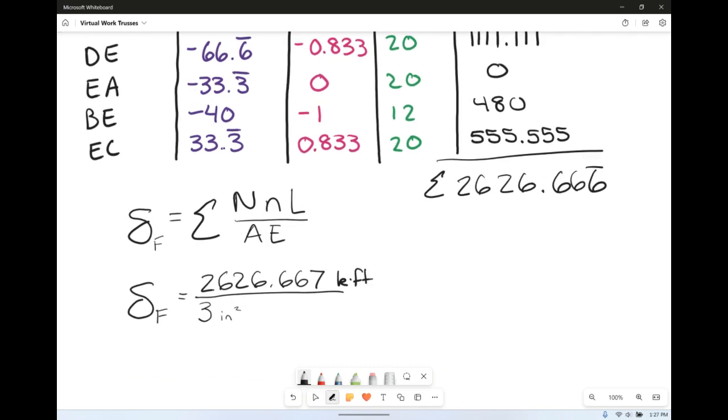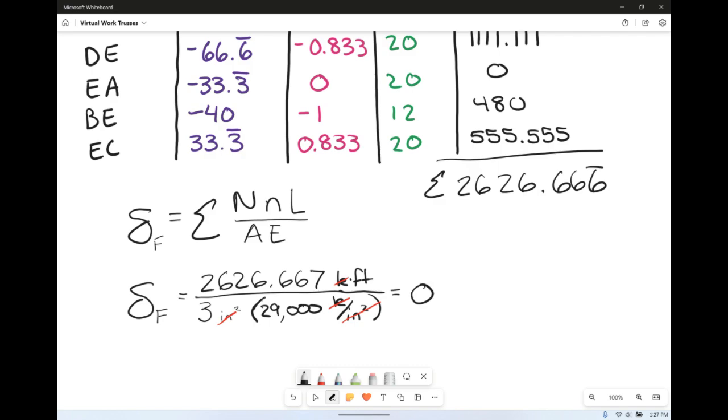That's 3 inches squared, also times 29,000 kips per square inch. That's what KSI stands for. So if we're looking at this, kips are going to cancel. Inches squared is going to cancel. We're going to be left with feet. Sounds lovely.